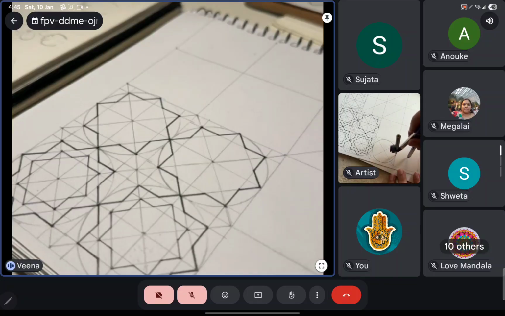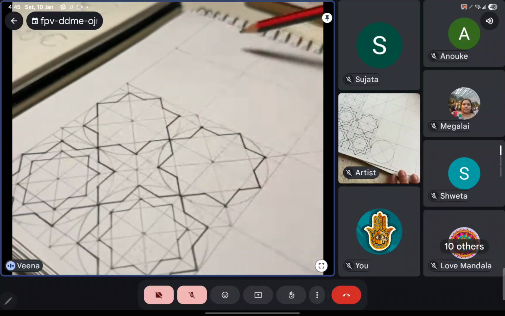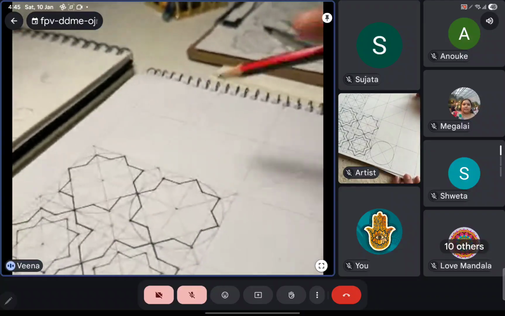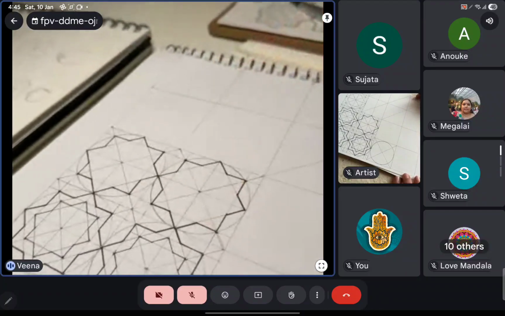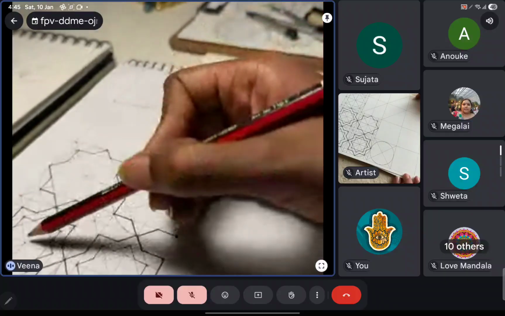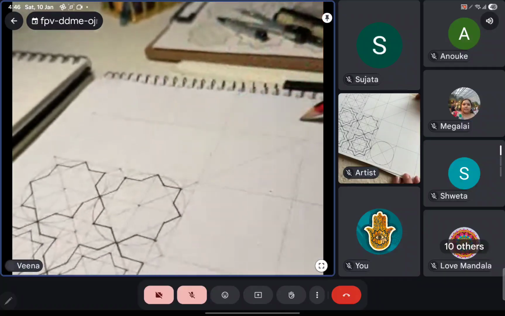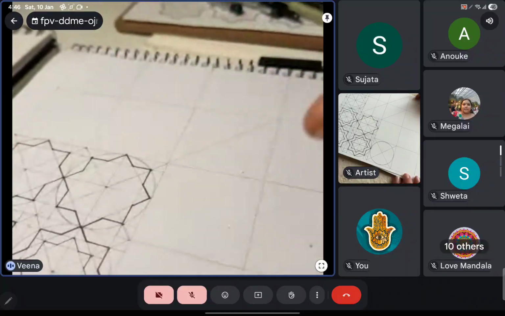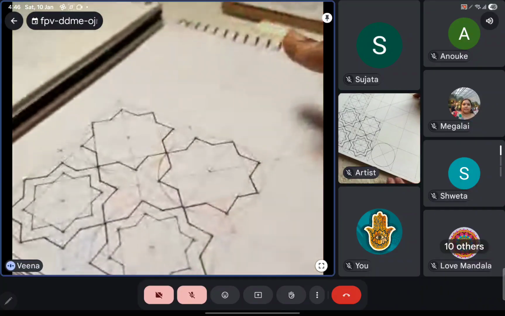I have kept all the flowers on the outer squares. This is what I mean by outer squares, like this. And in the inner ones I've drawn a mandala, but you can change it if you want.